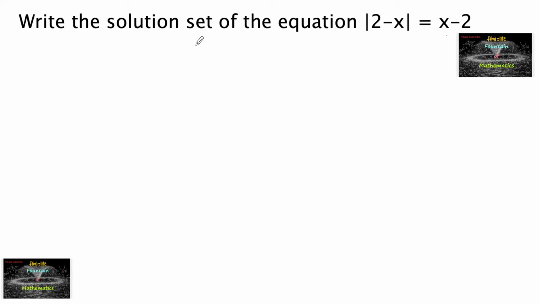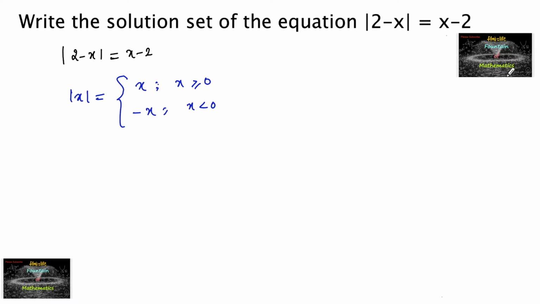Write the solution set of the equation modulus of 2 minus x is equal to x minus 2. Let's use the concept of the modulus function. Since we know that mod x is equal to x when x is greater than or equal to 0, and minus x when x is less than 0.